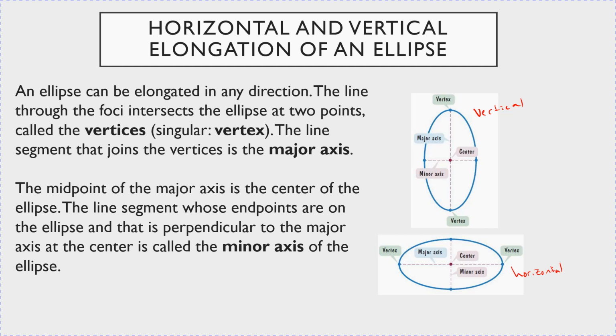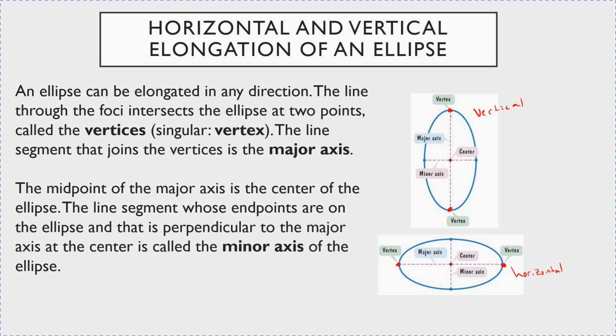The line through the foci intersects the ellipse at two points, called the vertices. That's plural; the singular is vertex. The line segment that joins the vertices is the major axis. What I'm getting at here is that on the elongated side, the endpoints that I'm highlighting in red are called the vertices.